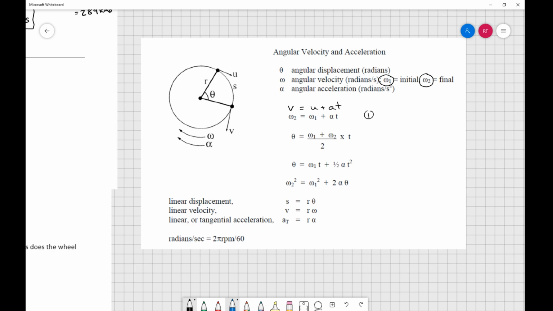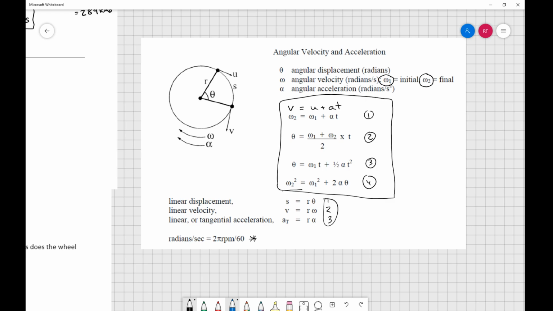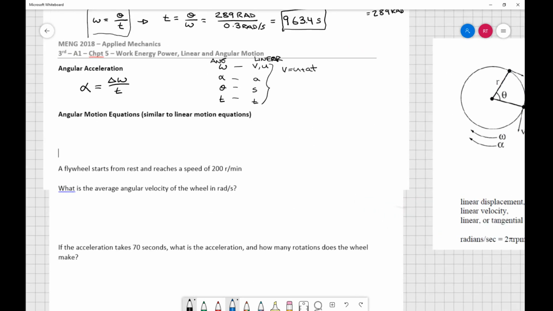You've got 1, 2, 3, and 4 linear motion equations. We also have 1, 2, and 3 as our linear to angular conversions. And then you also have down here your radians per second conversion. Okay, so we're going to do a couple questions using the linear motion equation versions here.